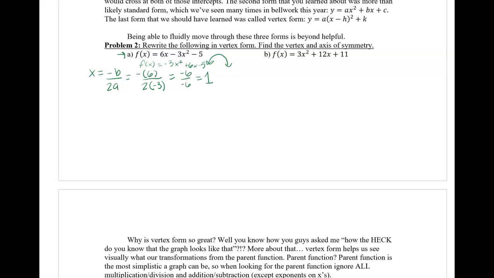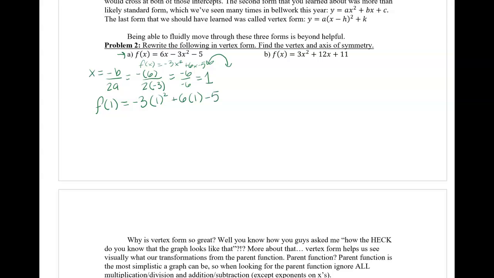So plugging 1 in, I should have f of 1, saying, hey, I am plugging 1 into x using that function notation, is going to be equal to negative 3 times x, which is 1 this time, squared, plus 6 times x, which is 1 this time still, minus 5.